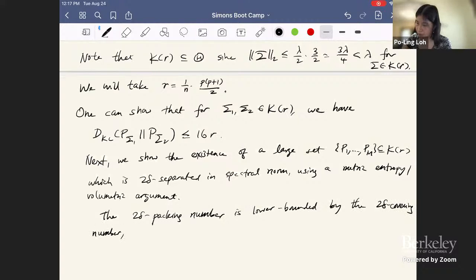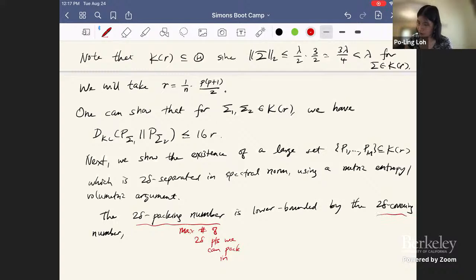And just to say a word about this, the two delta packing number is the max number of two delta points we can pack in, meaning that all pairs are two delta separated.